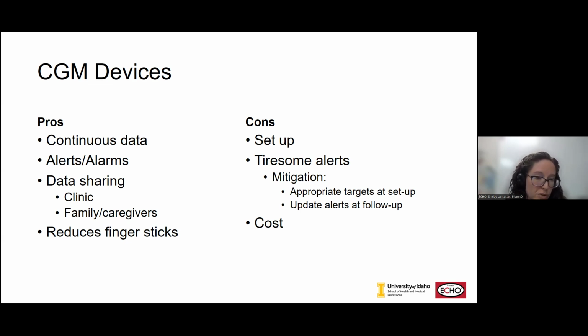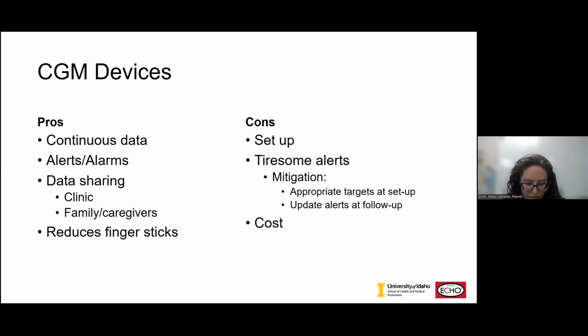This does reduce finger ppokes. It does not completely replace them because there still could be issues with CGM accuracy or failure. So any individual that has a CGM should have access to a blood glucose monitoring device.